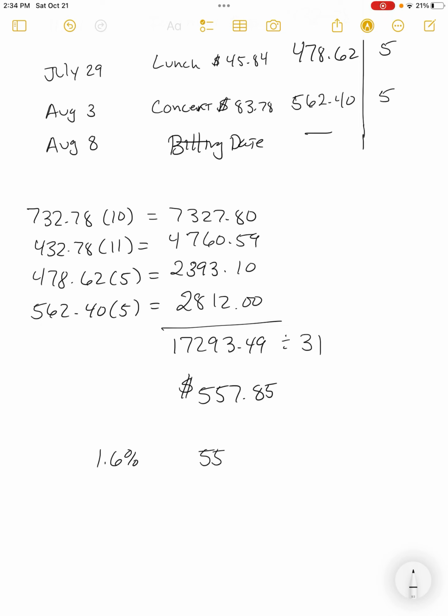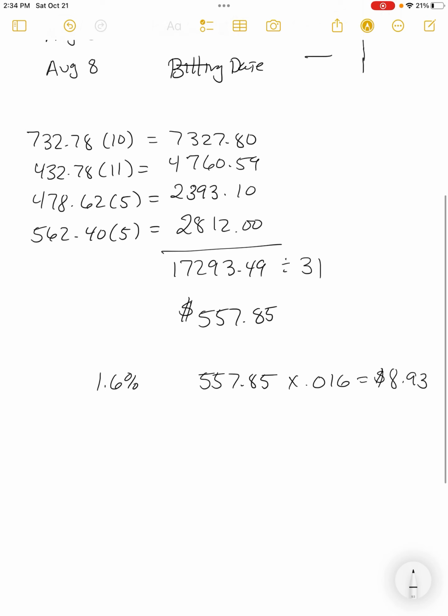And so we're going to take our 557.854, multiply by 0.016, and come up with the $8.93. It's actually 8.925, but we're going to always do natural rounding there.